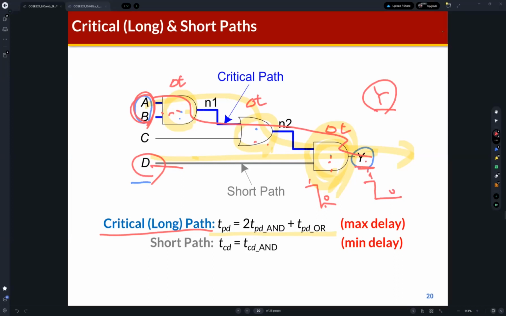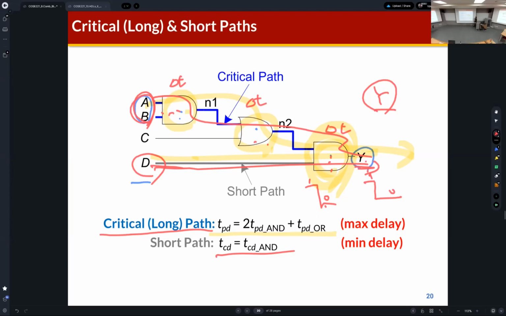Okay? And then this is the shortest path. Because there is one basic gate between Y and C, the contamination delay of the circuit is equivalent to the contamination delay of this AND gate.